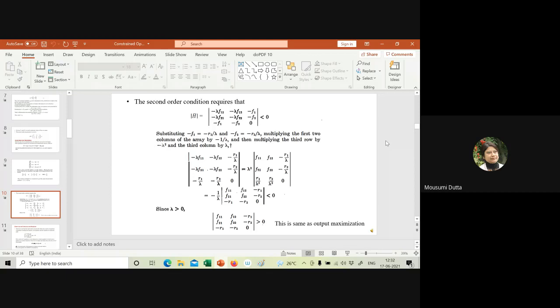So in unconstrained optimization, if we start with the profit function, we can derive the input demands. In constrained optimization, whether output maximization subject to cost constraint or cost minimization subject to output constraint, we can also derive the input demand functions. So there are two channels by which we can derive the input demand.